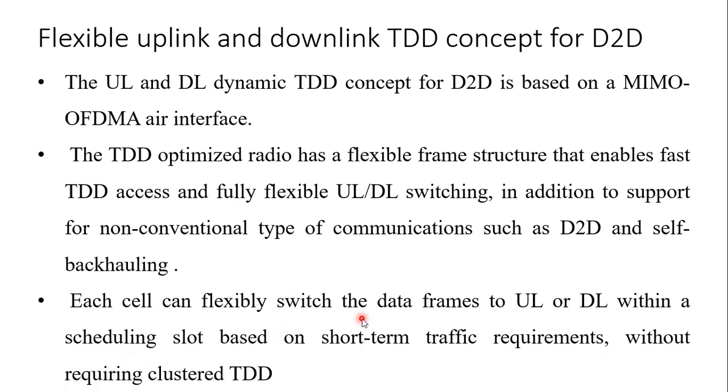Each cell can flexibly switch the data frame to uplink or downlink within a scheduling slot based on short-term traffic requirements. So however the traffic requirement is there, the same frame structure can be used for both the uplink and the downlink conditions.